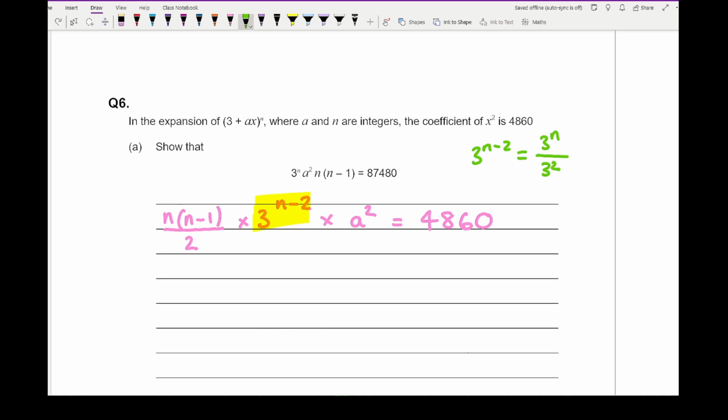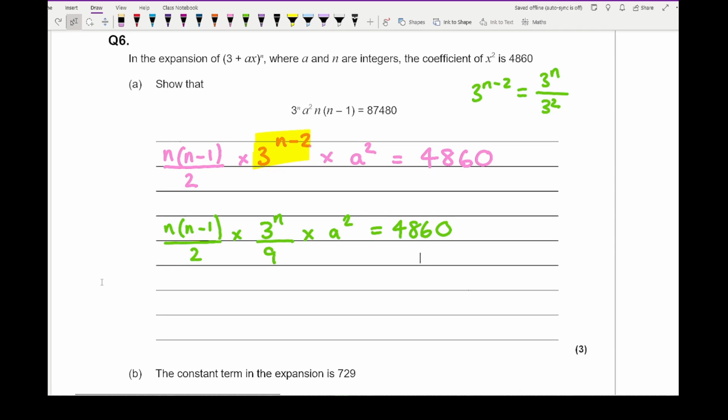So when I write the next stage, we end up with n(n minus 1) over 2 multiplied by, now instead of writing 3 to the power of n minus 2, I'm going to write 3 to the n over 9 because it's 3 squared, multiplied by a squared equals 4860. Then from this, we can take 2 times 9, which is 18, and multiply that over to this side.